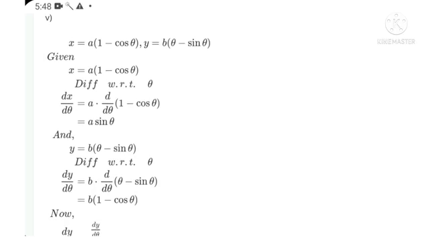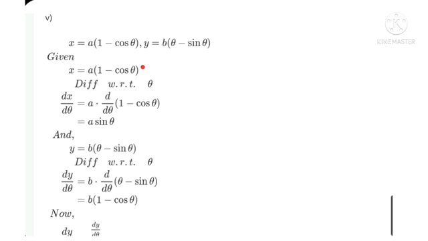Similarly, fifth one, x is equal to a into bracket 1 minus cos theta and y is equal to b into bracket theta minus sin theta. Here parameter x is function of theta and y is function of theta. So theta is the parameter there. You write first x is equal to a into bracket 1 minus cos theta.